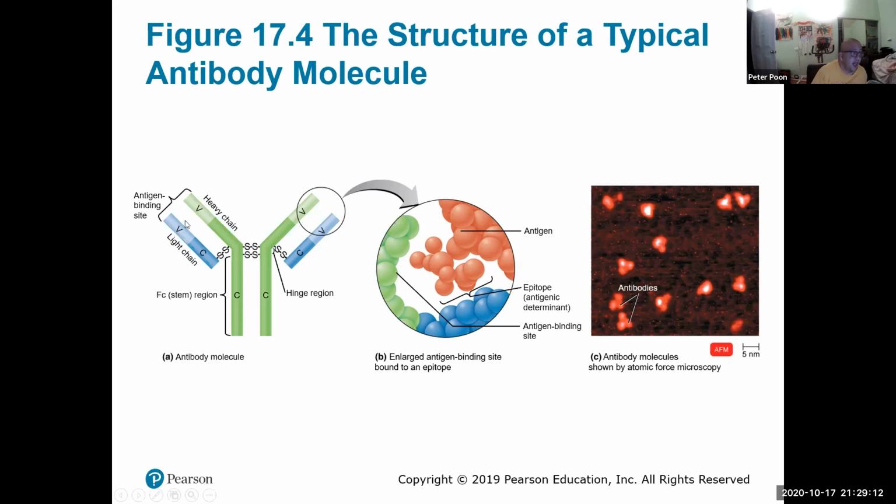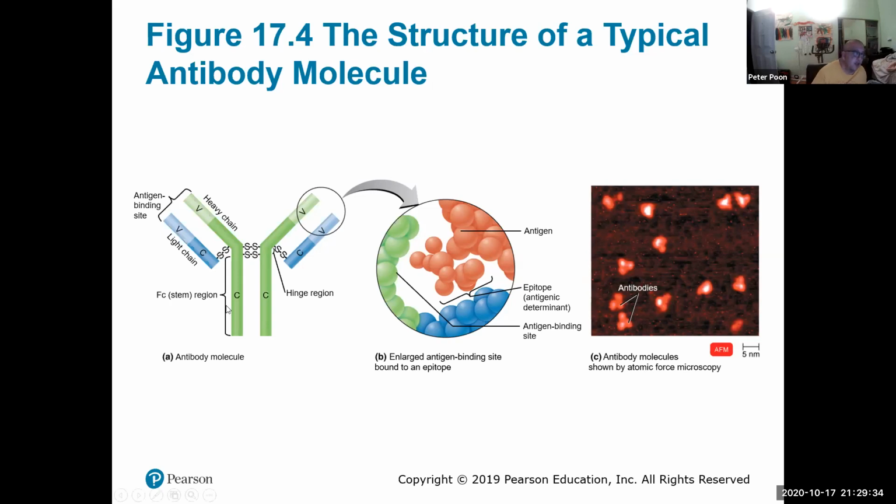In the heavy chain and in the light chain, there are 2 separate regions. A constant region that is the same for every single antibody, and an antigen binding region that is different for every single antibody.